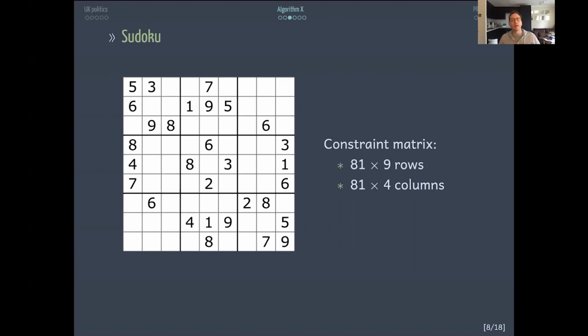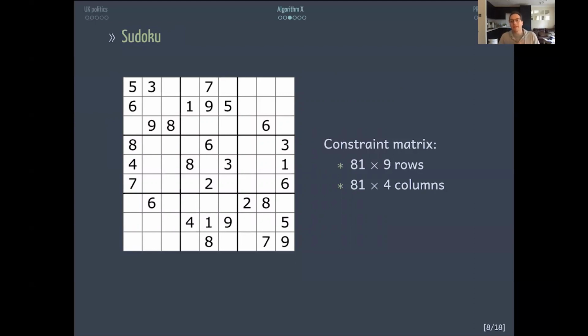The way you'd build it is that each row would represent each possible cell and the numbers 1 to 9 that could appear in it. So you'd actually have 81 times 9 rows, because for the first cell you'd have numbers 1 to 9, and then for the second cell numbers 1 to 9. So you'd have one of those for each. That would be the number of rows.